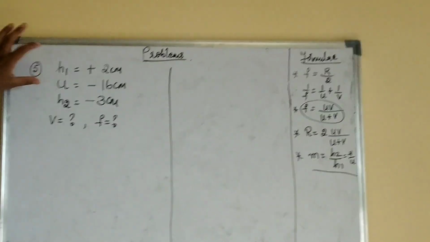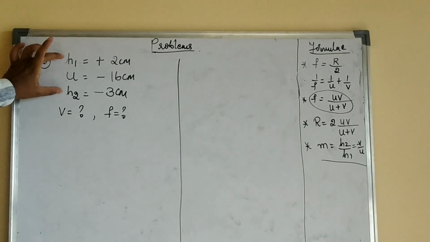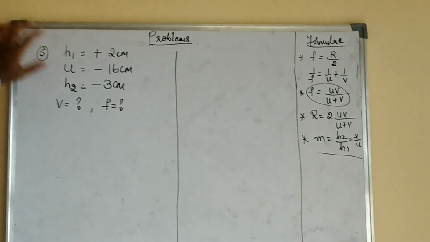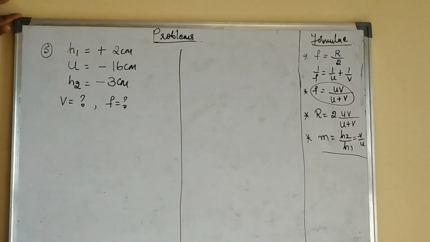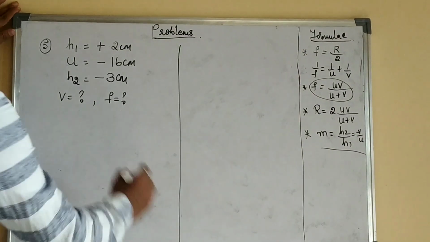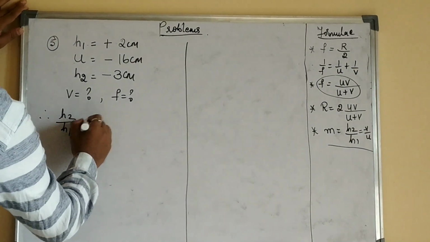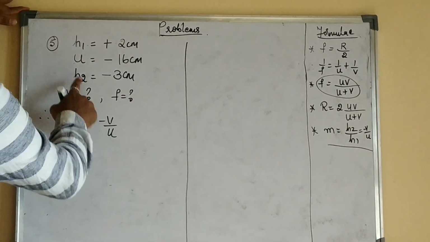Okay. Now given data is H1, U and H2. When you get H1 and H2 and you are given U and you have to find out V, you have to go with the magnification formula, right? That is the magnification relationship. Therefore, H2 by H1 is equal to minus V by U. Now what is H2?